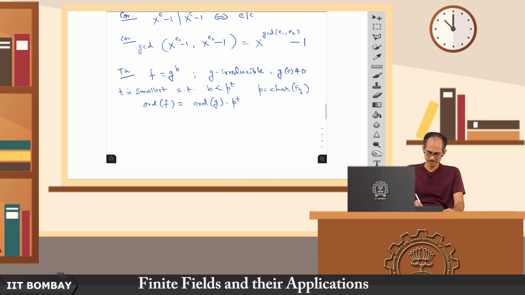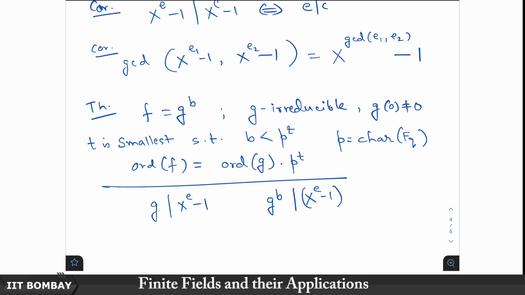Why is this? We will skip the detailed proof of this. You can look it up in the book by Lidl and Niederreiter, but the idea is the following. If g divides x^e minus 1, then g^b will divide (x^e minus 1)^(p^t).